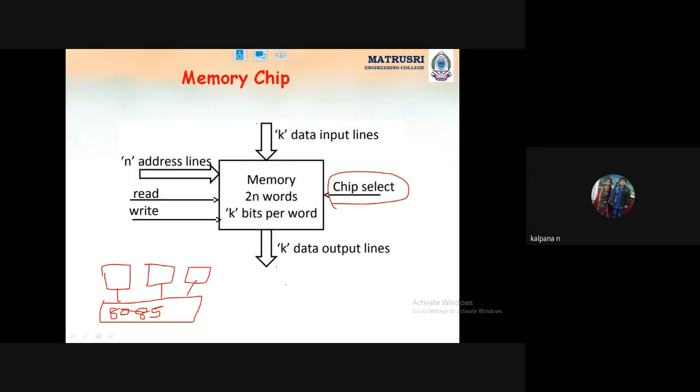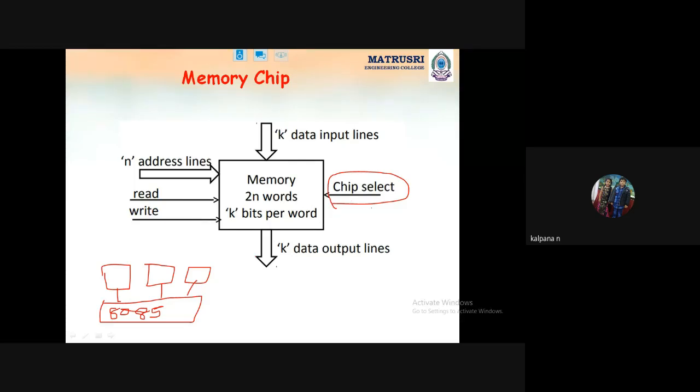In order to select a particular memory, we should give the signals to chip select. Then only this chip will be enabled or selected for interfacing. So chip select is used for selection of the memory.